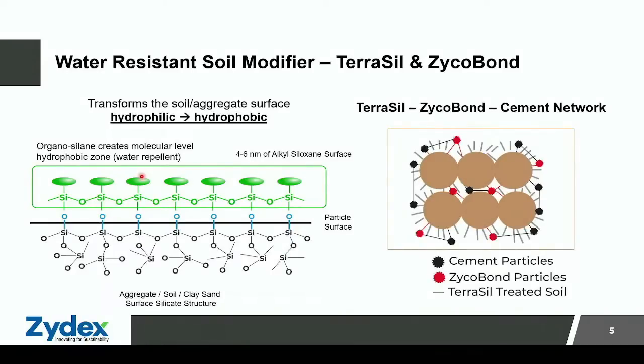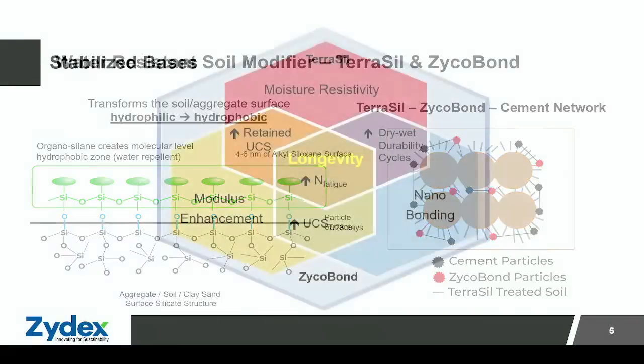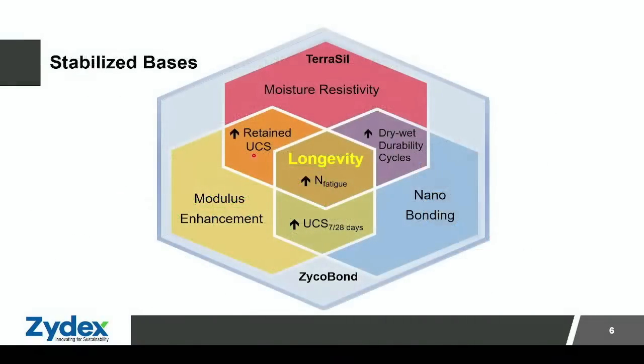We have another compound, an acrylic copolymer, Zycobond, that enhances the cementitious bonding, the bonding that takes place due to the cement also. The synergy of Terrasil and Zycobond is shown in this figure. Terrasil essentially gives us moisture resistivity, whereas Zycobond gives us the modulus enhancement as well as the nanobonding.